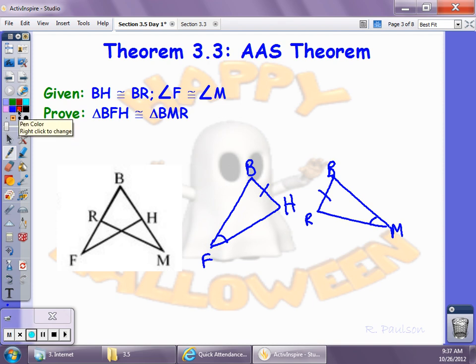So using the reflexive property, I can mark that angle B is congruent to itself. Now you can see that I have 2 angles in one triangle and a non-included side that are congruent to 2 angles in a second triangle, and its non-included side is congruent as well. So I can prove these triangles congruent using the angle-angle-side theorem.